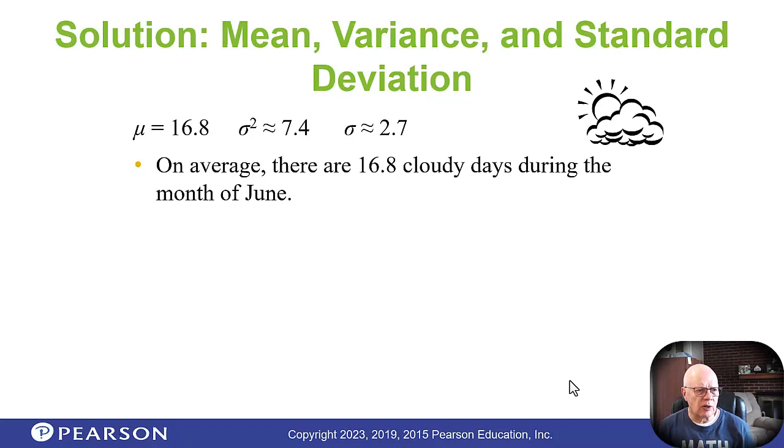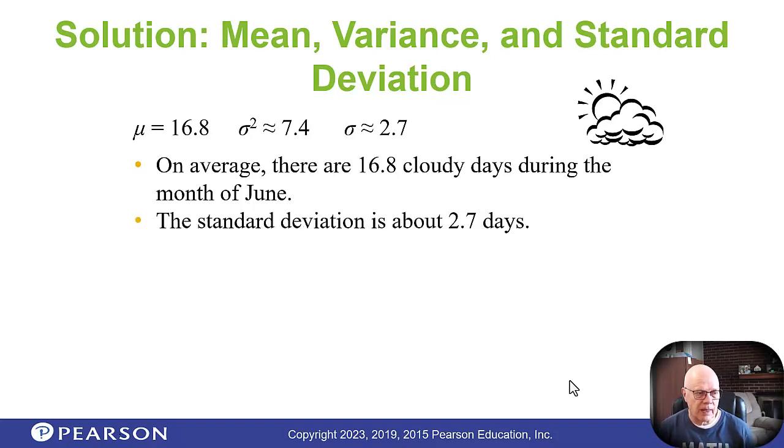So there are our results. On average, 16.8 cloudy days during the month of June in Pittsburgh, Pennsylvania, with a standard deviation of 2.7.